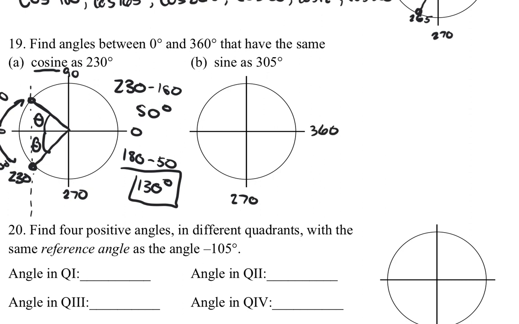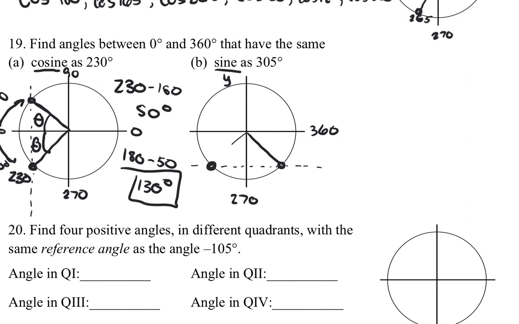Okay? And then for this one, we're going to have the same here. And sine of 105. So we're going to be about in the middle again. And so we know sine is the y value. So we're going to draw our dotted line wherever our y value is. And we see that it connects here.